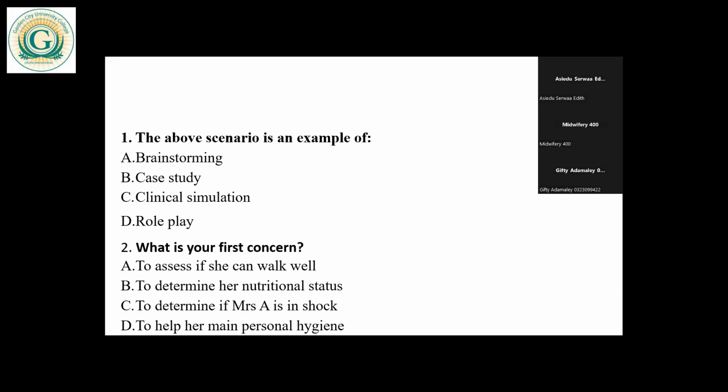You determine if the patient can walk with assistance, but your first concern has to do with why she is bleeding. She is bleeding, so the main concern will be to stop that bleeding. Because if she cannot walk and you don't determine if she's in shock and you are thinking about if she can walk, how is that going to save her life? Because the scenario says she has bled heavily and with severe cramping pain for 6 to 8 hours.